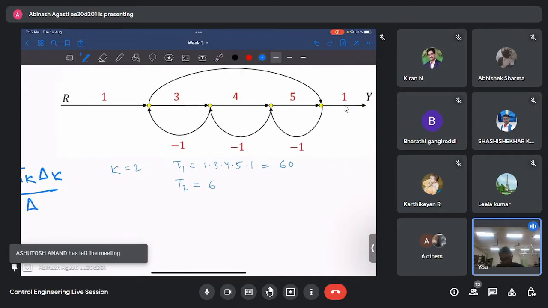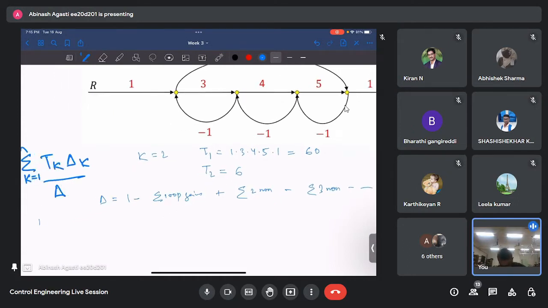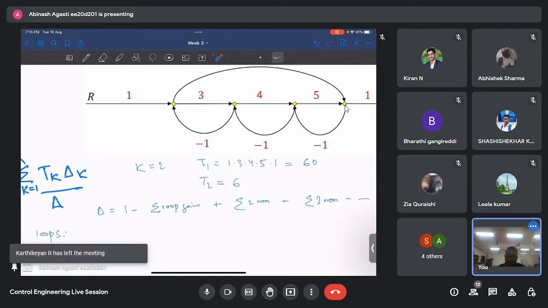So next is we want to find delta. For that we know delta is 1 minus sum of loop gains plus sum of 2 non-touching loop gains minus sum of 3 non-touching loop gains and so on. So for this, first tell me what are the loops. 4, sir. Number of loops equal to 4. Okay, tell me the gains. Which ones are the loops?